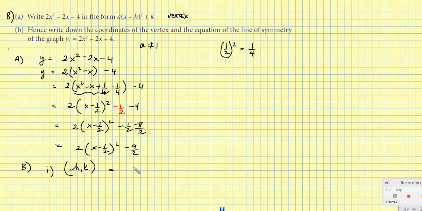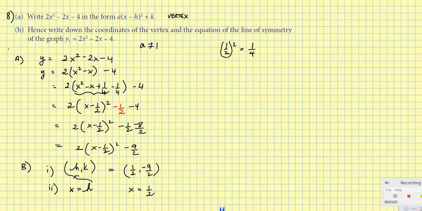And so that means that we have 1/2 and negative 9 over 2 as our vertex. And if we want to find the equation for the axis of symmetry, remember that x is equal to the h value of your vertex, so it becomes x equals 1/2. Okay, so that takes care of one form of a quadratic, the vertex form.